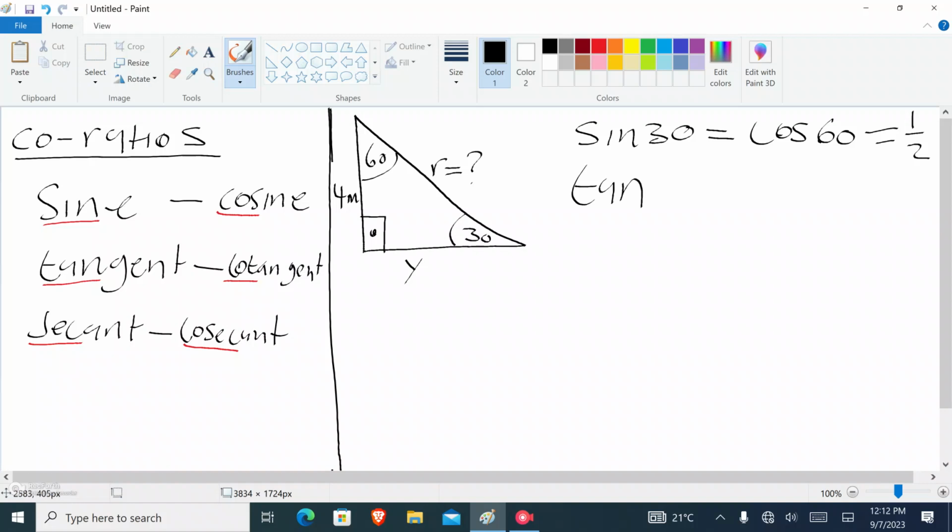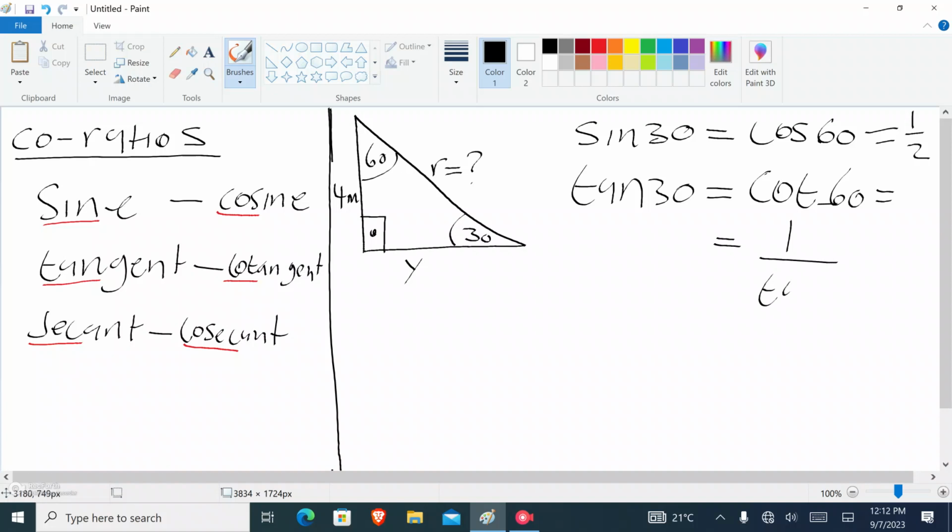Now, even if you can use tan 30, what is the co-ratio of tan 30? It's going to be cot 60. Now, if you still remember, we don't have cot on a calculator, so how are you going to write this one?